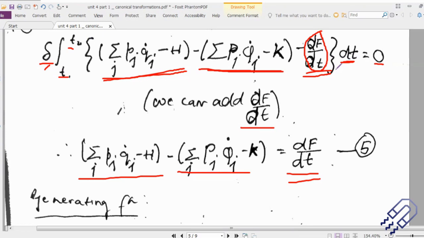So that means if this part becomes equal to this part, then only I can say this entire integral will become 0. In simple words, I have to find out what should be the form of this entire part, and for that I have to represent it in the form of some equation. That is why we are writing down this part. This is where we start with the generating function in the next class.